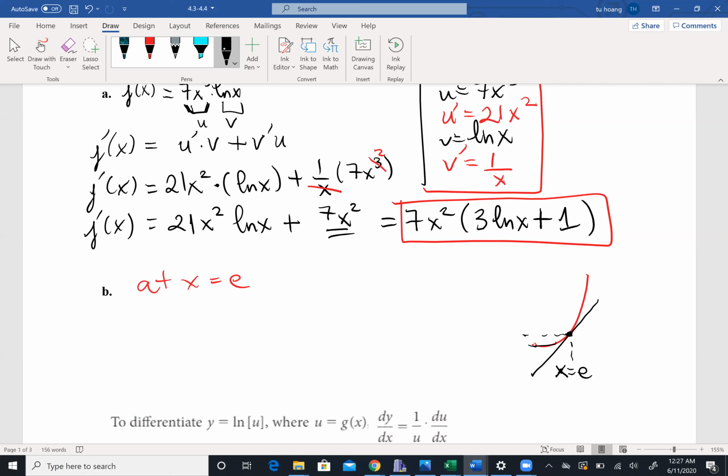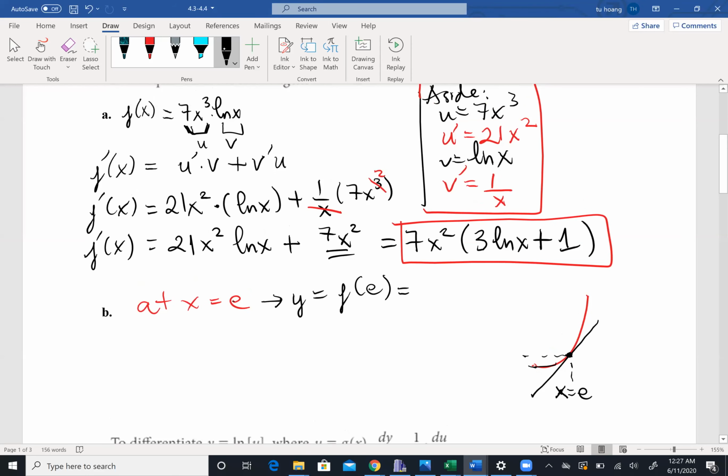So you can have the y value equal to f of e, equal to what? 7x cubed, where x now should change to something, times ln of something.